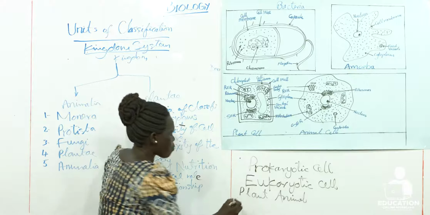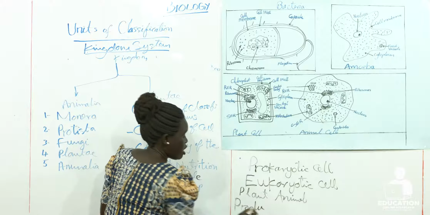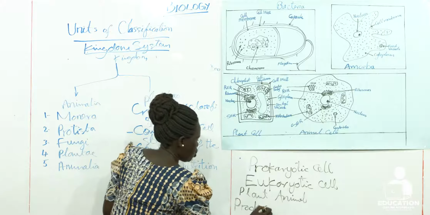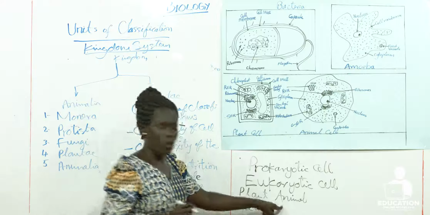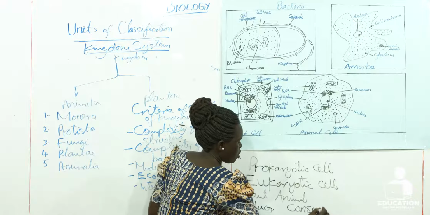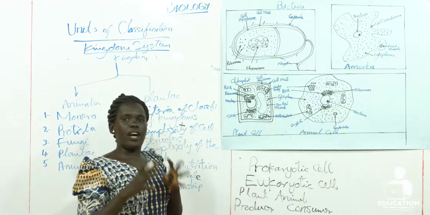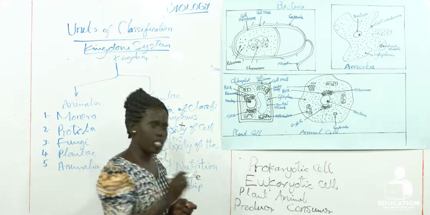So plant is called producer in the food chain. While animal is called the consumer, is the one consuming. Those of fungi and bacteria, they're decomposers.